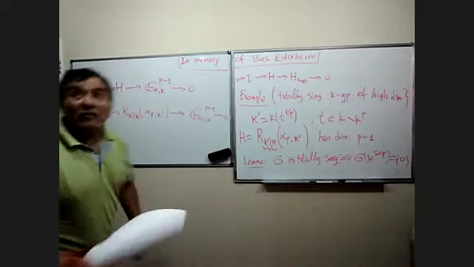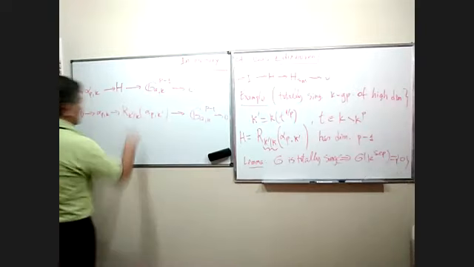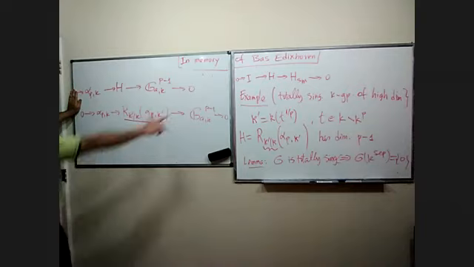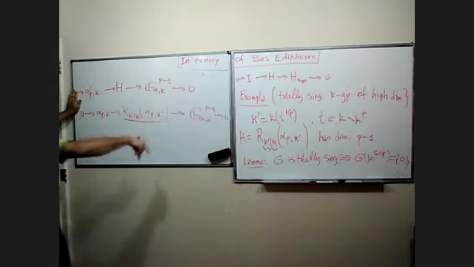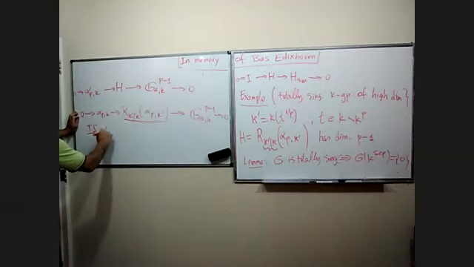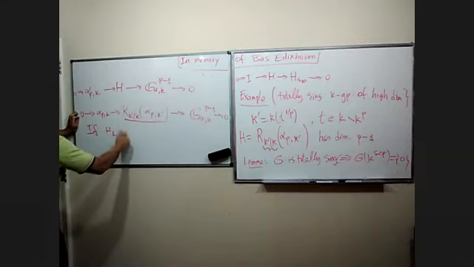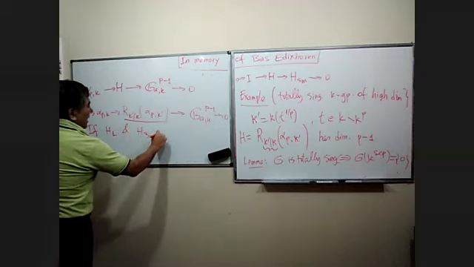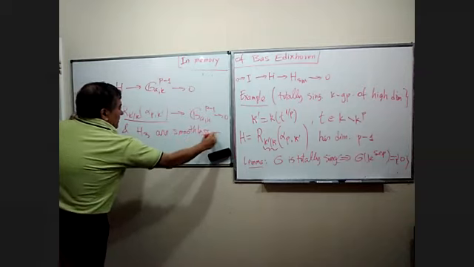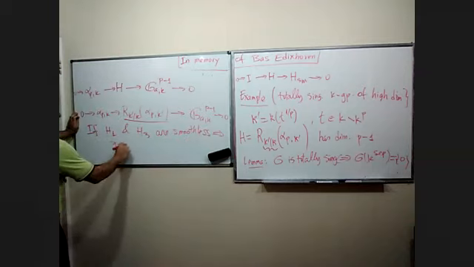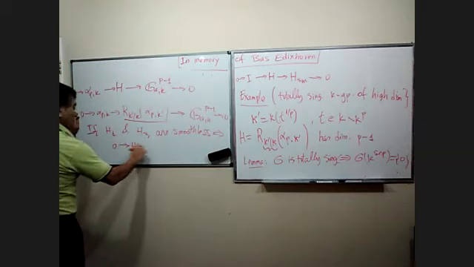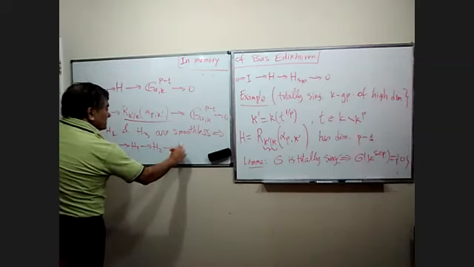And to show you that there are many examples, this is just one particular example. A consequence of this lemma that I wrote is the following. If H1 and H3 are smoothness, then, so here everything is commutative, I take an extension.